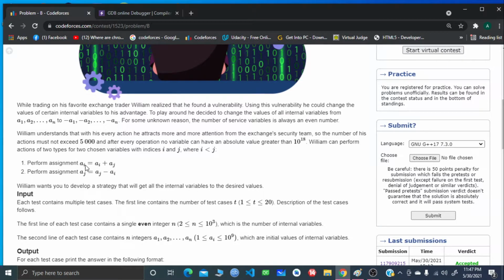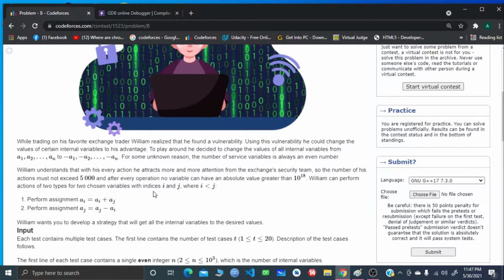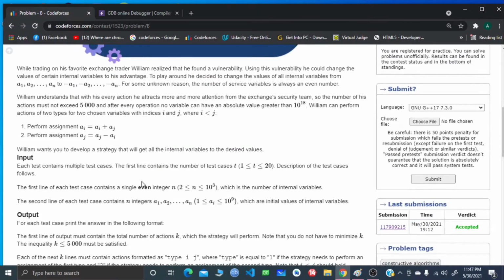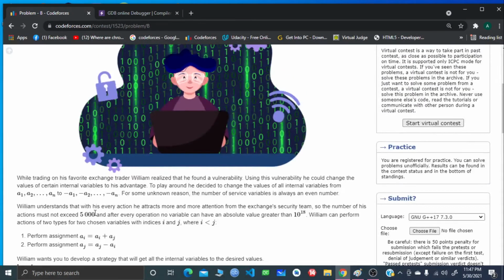Either you make a_i equal to a_i plus a_j, or a_j equal to a_j minus a_i. Of course, you have to do these operations, but the most important part is that n will be even, okay? And finally, they've said that you cannot apply that operation more than 5,000 times.